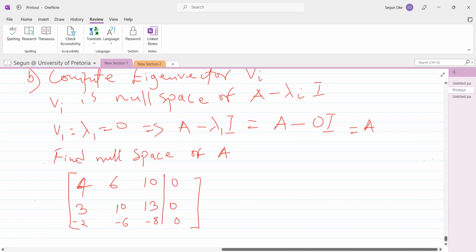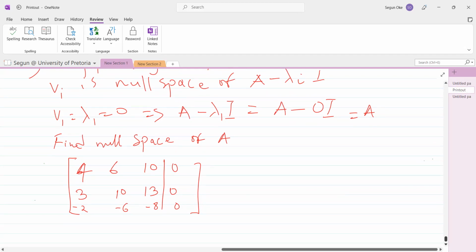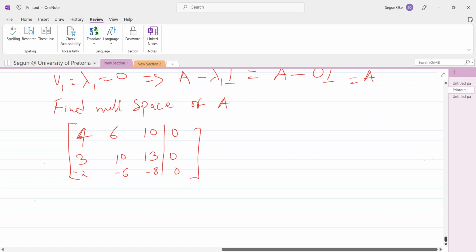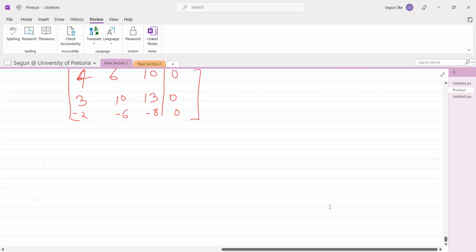We can do the row reduction in order to get our value. Our target is just to reduce the rows. So for us to reduce the row here, let's start with row 3, which will lead us to 2 row 3 plus row 1.